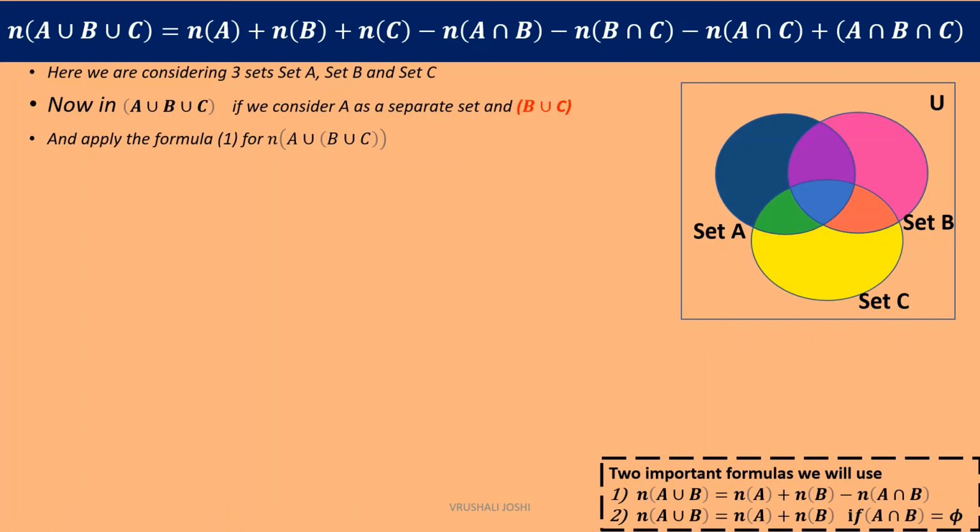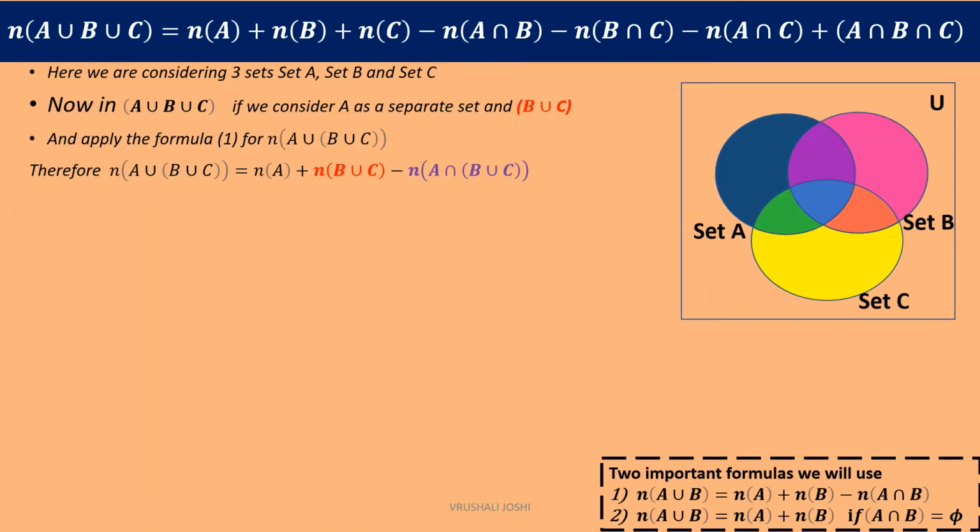In your mind, even if you can see two alphabets here, consider that as a single variable. So if you do that, what will you get here? n of A plus n of B union C, where B union C is a single item here, okay? Minus n of A intersection B union C. We haven't done anything. We have only substituted the values in the formula.